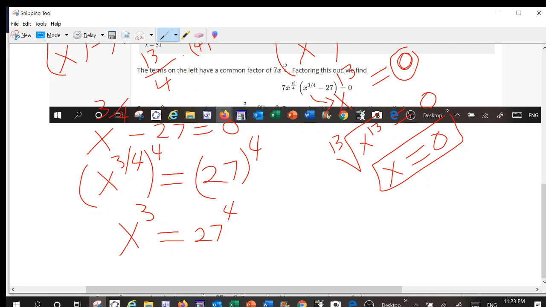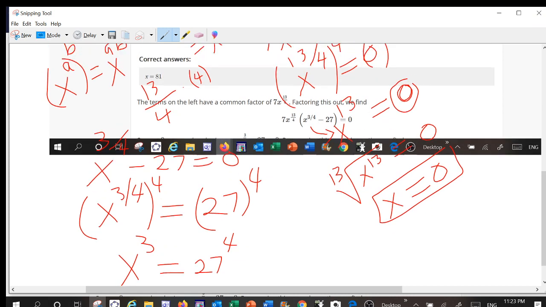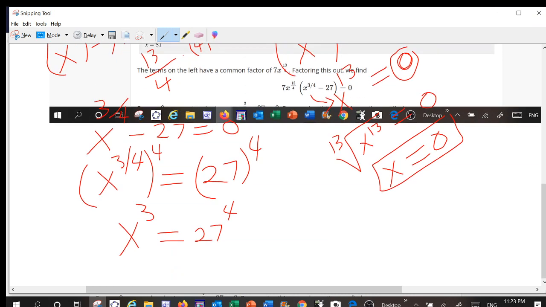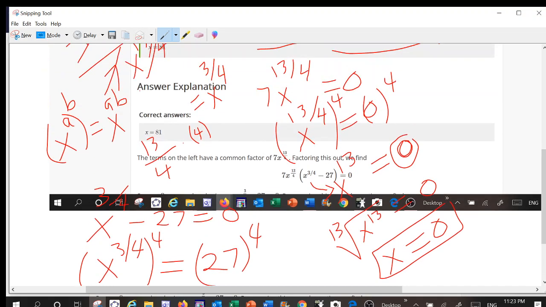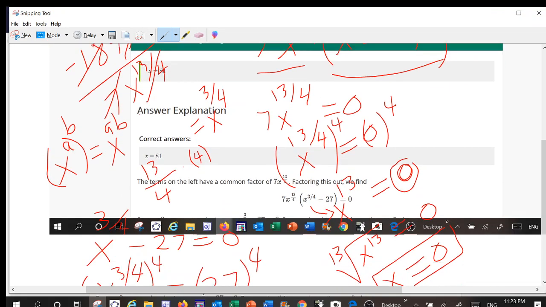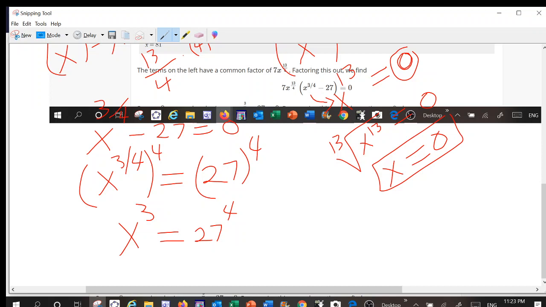All right, so now what is the real solution for that? Well, 27 to the 4th power is a number, so we can take the 3rd root of that number.